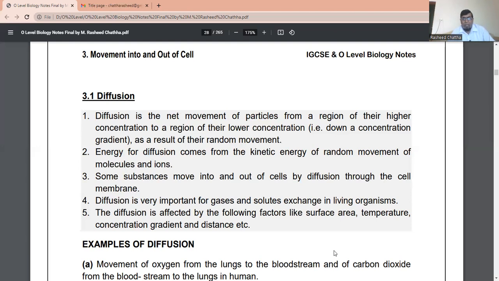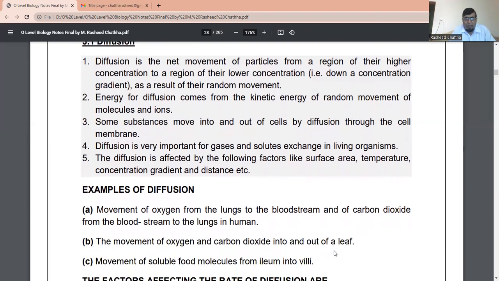But inside the cell, if material enters or leaves, then it has to pass through the cell membrane. So diffusion is very important for gases and solutes exchange in living organisms. Diffusion is affected by factors like surface area, temperature, concentration gradient, and distance.